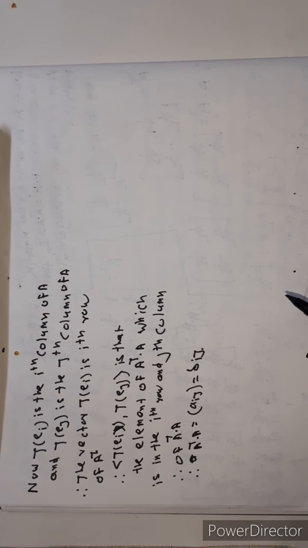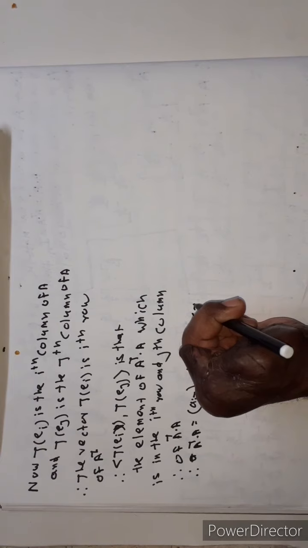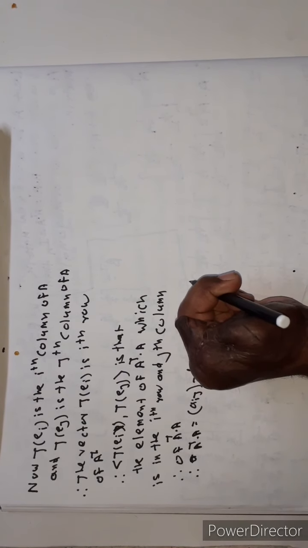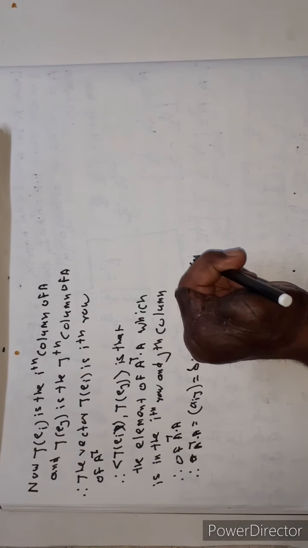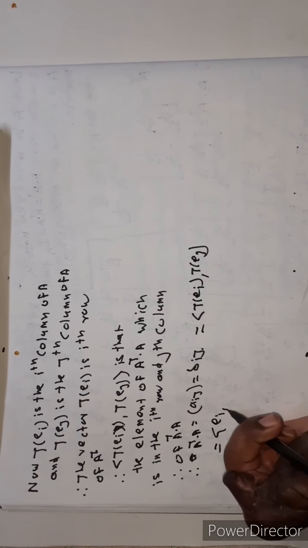But this element of A transpose A is equal to Aij, which is equal to delta ij, which is equal to ⟨T(Ei), T(Ej)⟩, which is equal to ⟨Ei, Ej⟩.